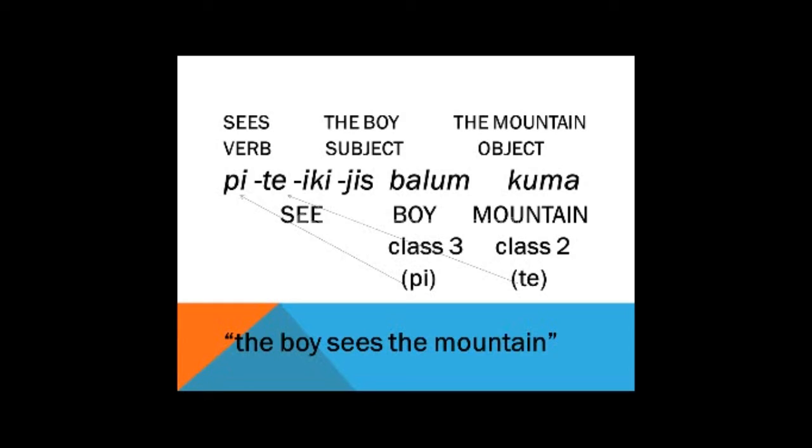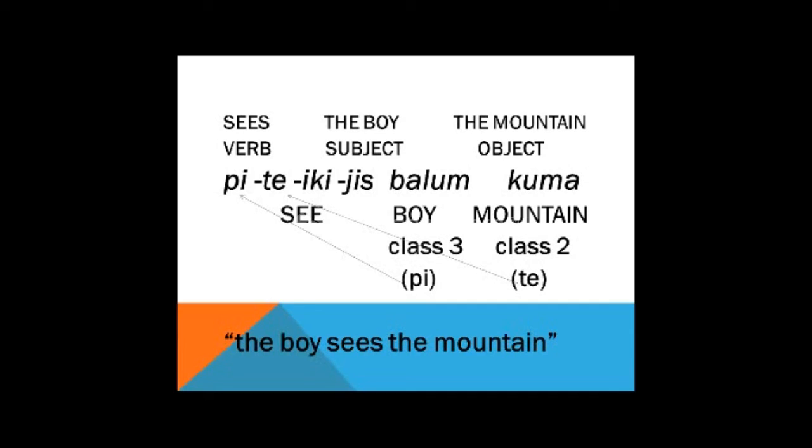Noun class 3 is the noun class to which nouns describing humans belong. And so balum being the subject of the sentence and the prefix for noun class 3 being pi, that goes on to the very front of the verb. So the verb is actually making reference to the subject in the sentence.